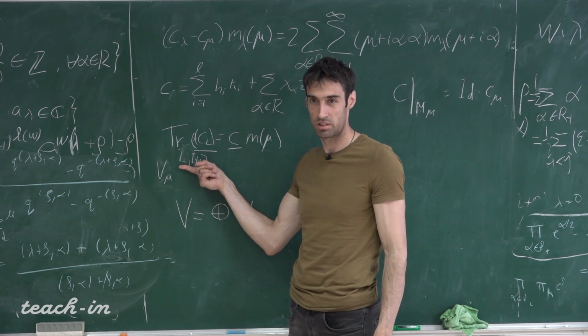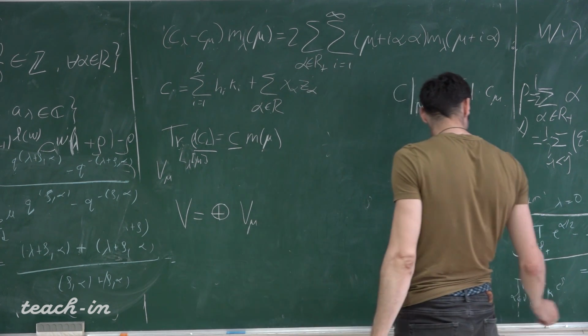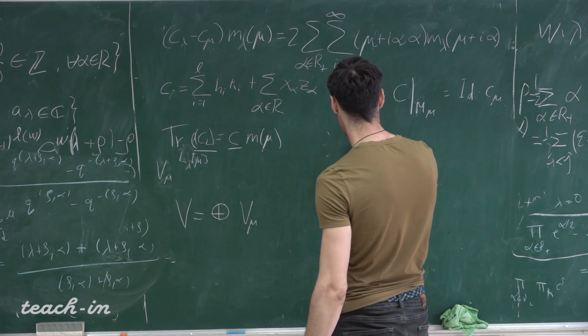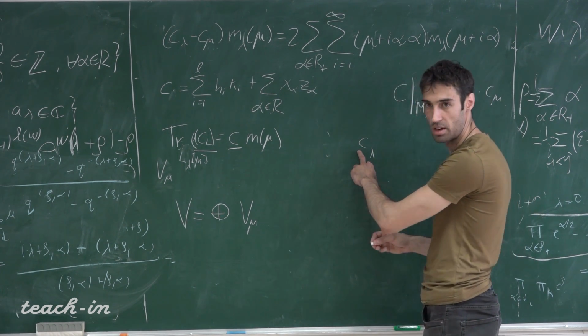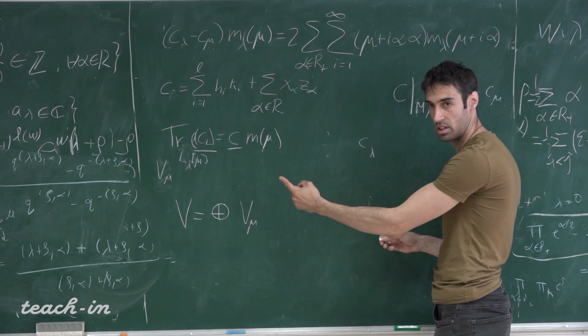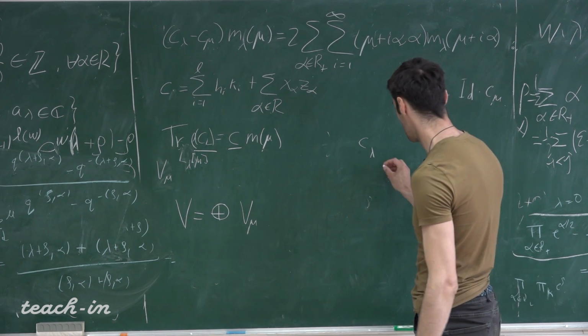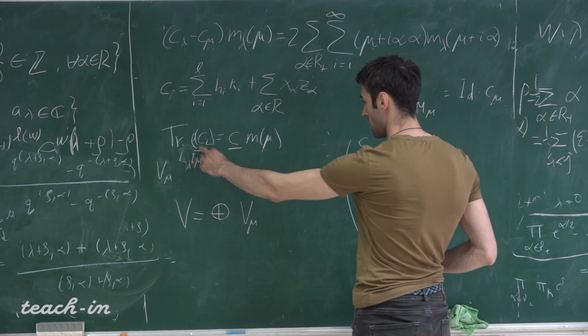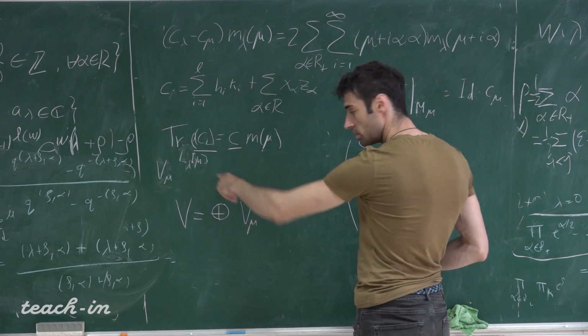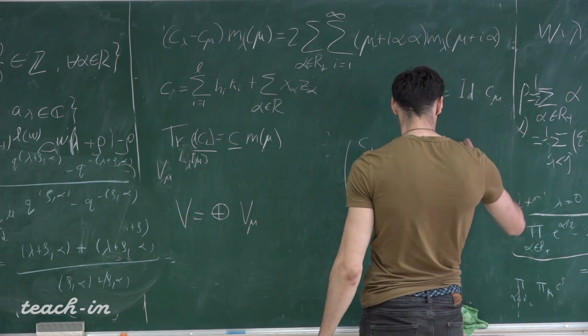So it's diagonal in this subspace. What is this matrix? It's C lambda. We know that it acts by C lambda in L lambda. So the restriction of C lambda to L lambda mu is this thing.